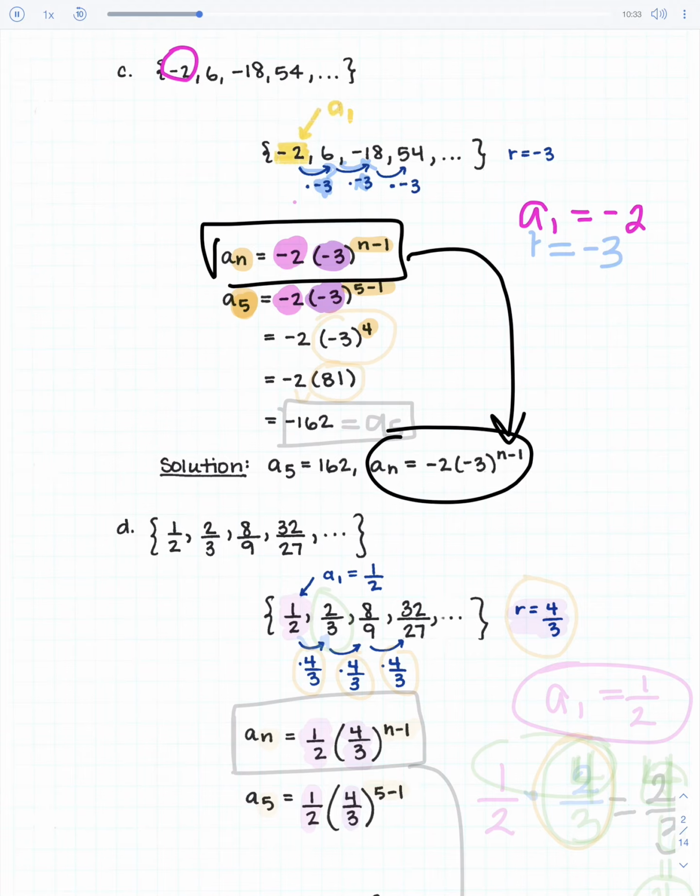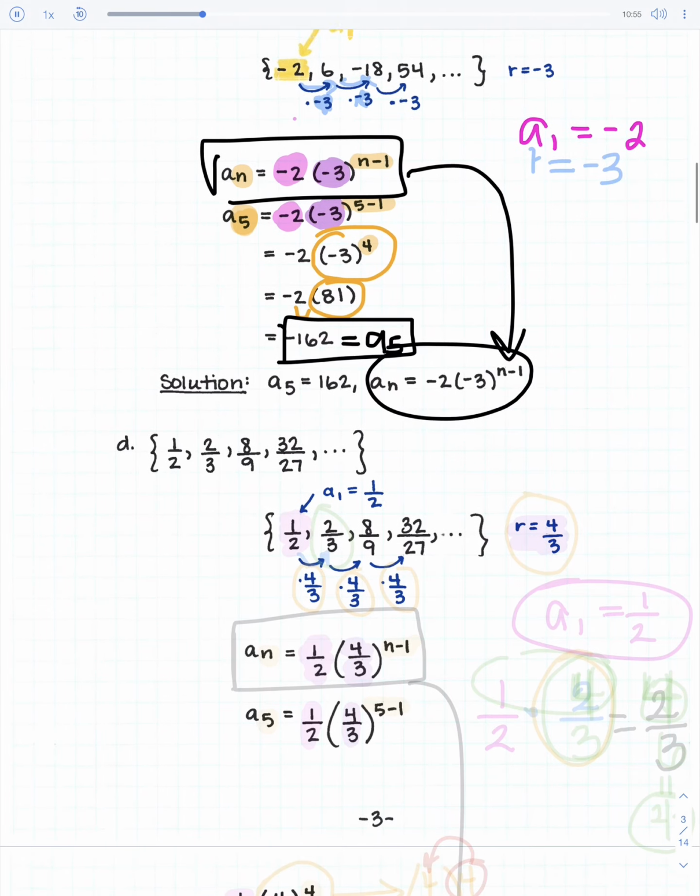So order of operations is going to make you raise that exponent first. -3 to the 4th power is positive 81, times the -2 that's out in front gives you -162 as your 5th term. And we are done.